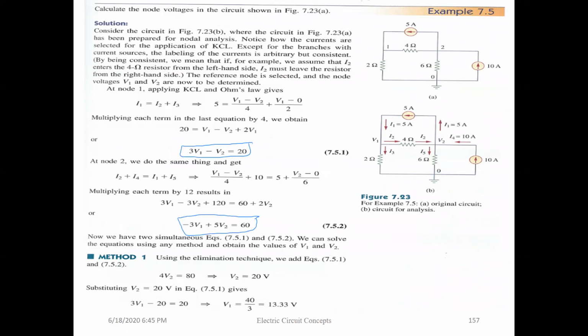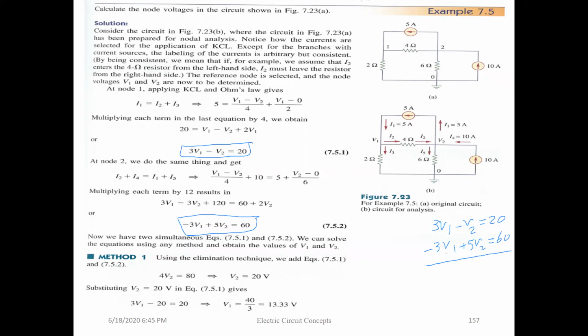Maybe some method might be easier than the other. So let's put the two equations under each other. So we have minus 3v1 plus 5v2 equals 60. Okay, it seems that the elimination is the fastest way.